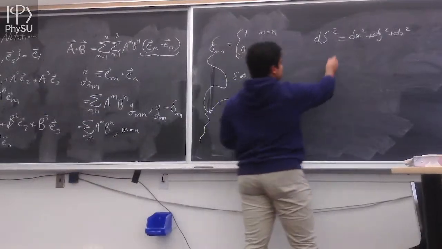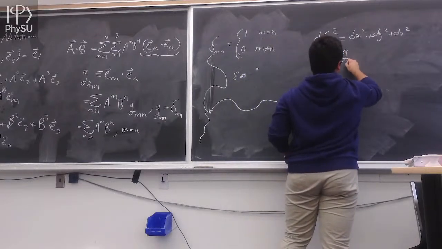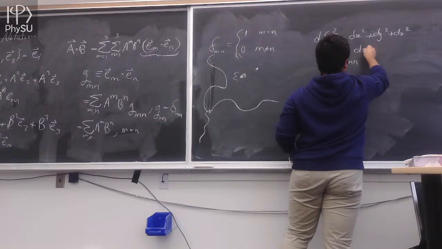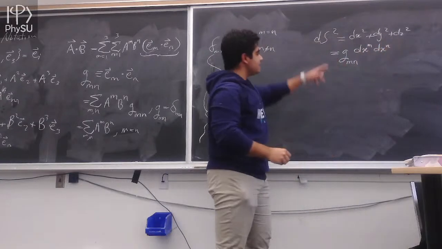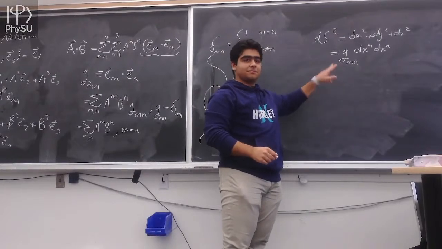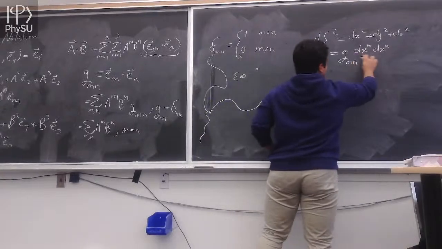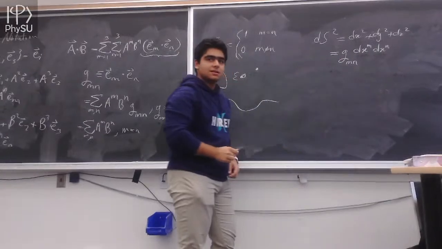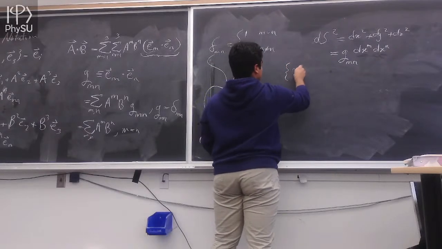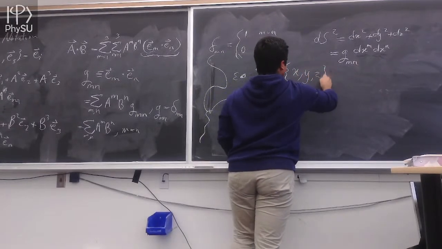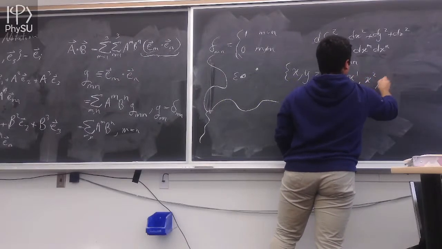So I'm going to write this in another form, and then we're going to talk about what it means. Okay, so this is a generalized Pythagorean theorem. And this here, we actually know what this is. This is our good old tensor notation. But what we did was say, okay, instead of x, y, z, I'm going to use x1, x2, and x3.